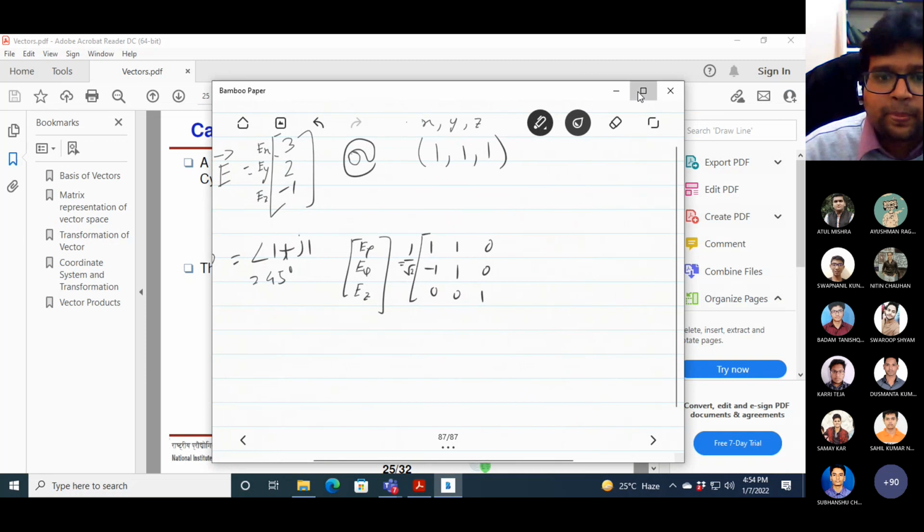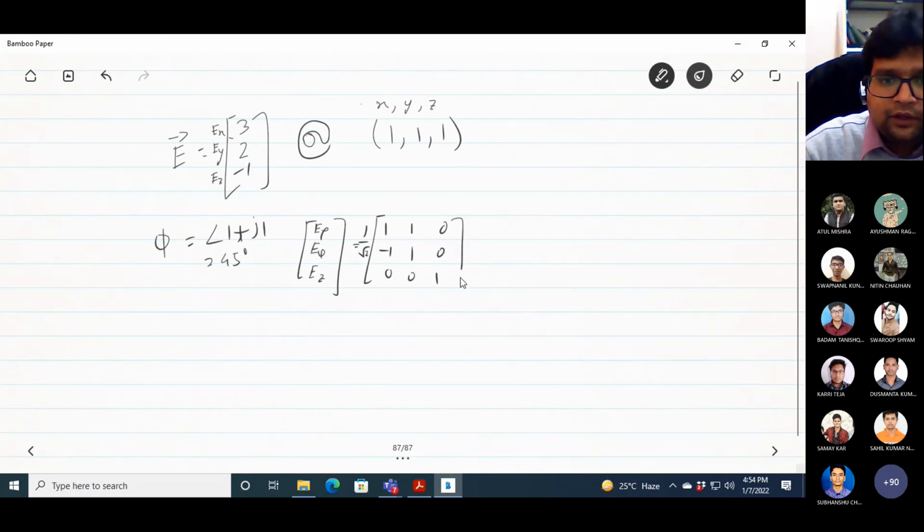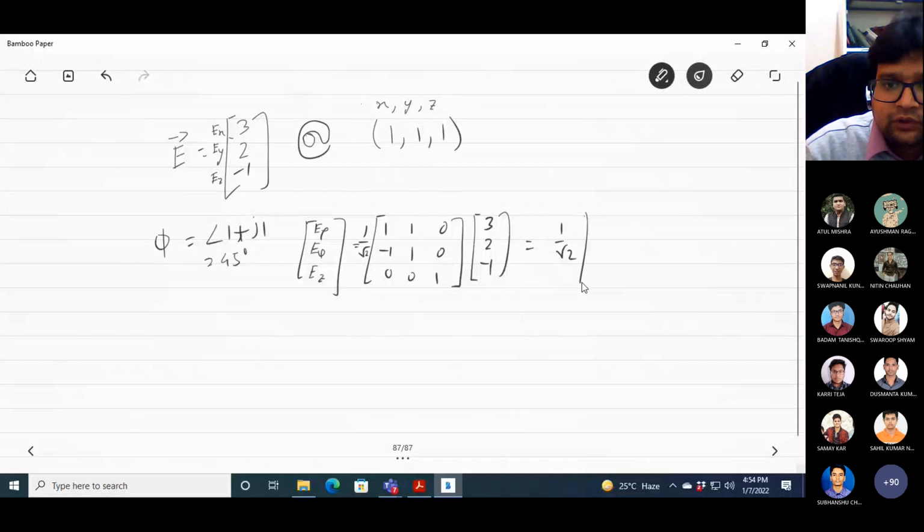Now if I multiply with 3, 2, minus 1, what you will get? That is 1 by square root of 2 times 3 plus 2, which is 5, and then minus 3 plus 2, so that is minus 1.